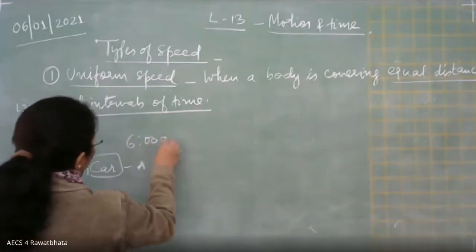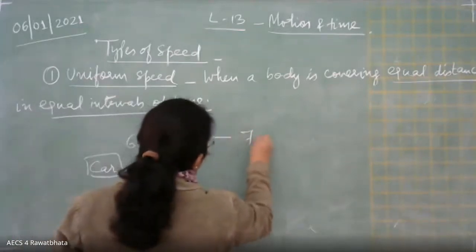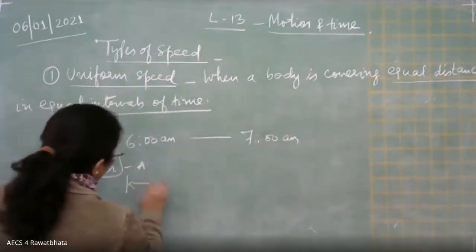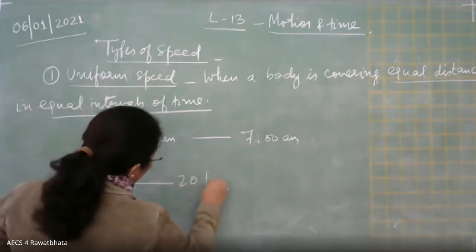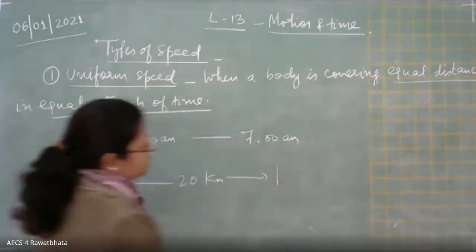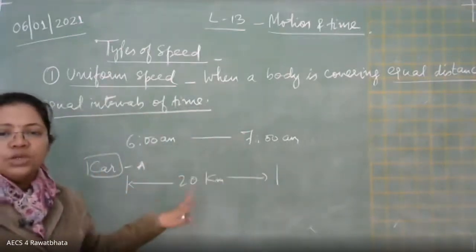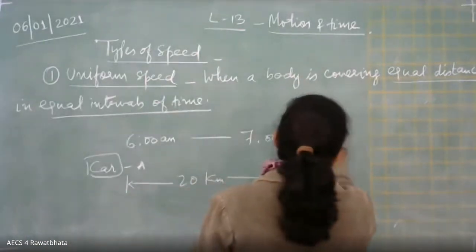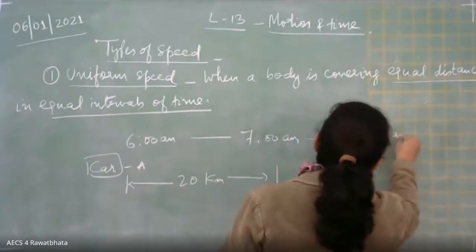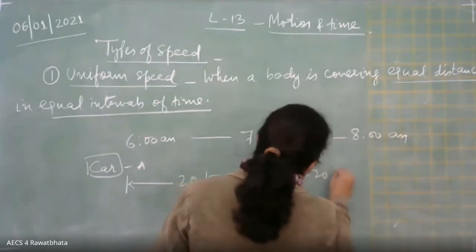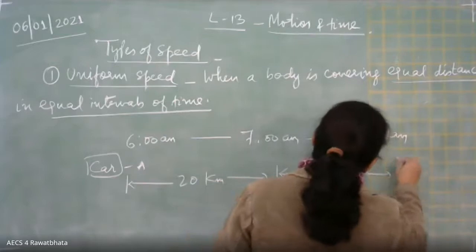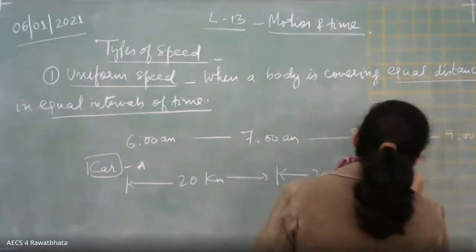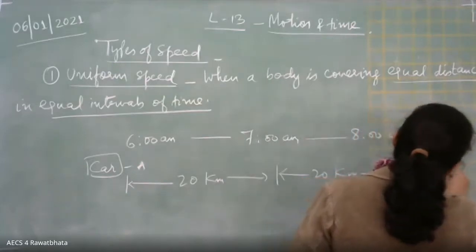So 6 a.m. and then at 7 a.m. and between this 1 hour, it covers 20 kilometers. एक घंटे में उसने 20 kilometers कवर किए, right? Then again from 7 a.m. to 8 a.m. again it covered 20 kilometers. And again from 8 a.m. to 9 a.m. it again covered 20 kilometers.